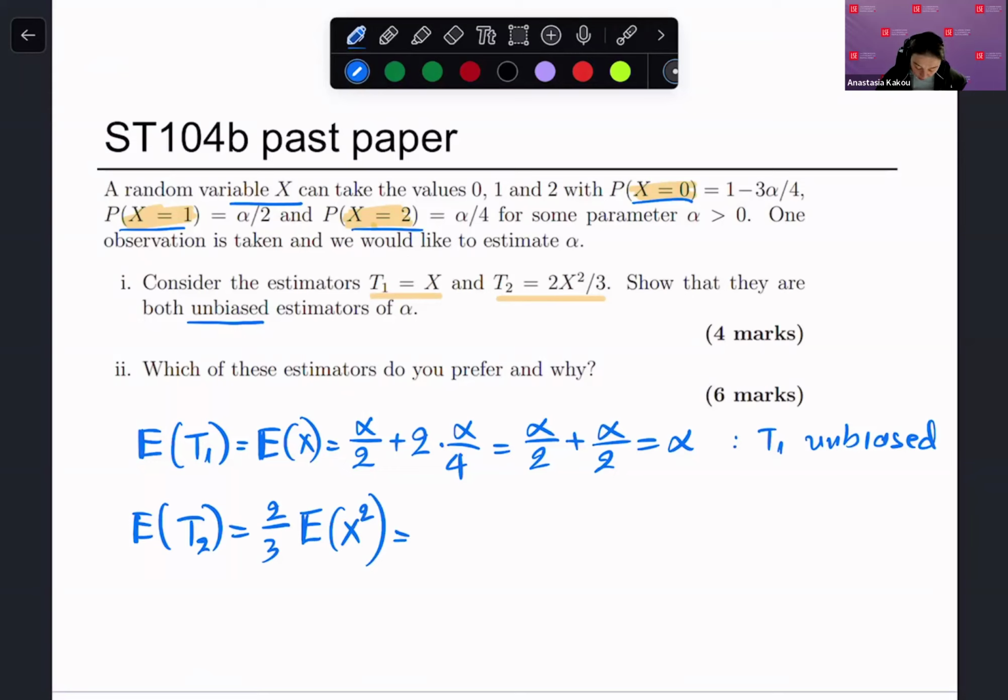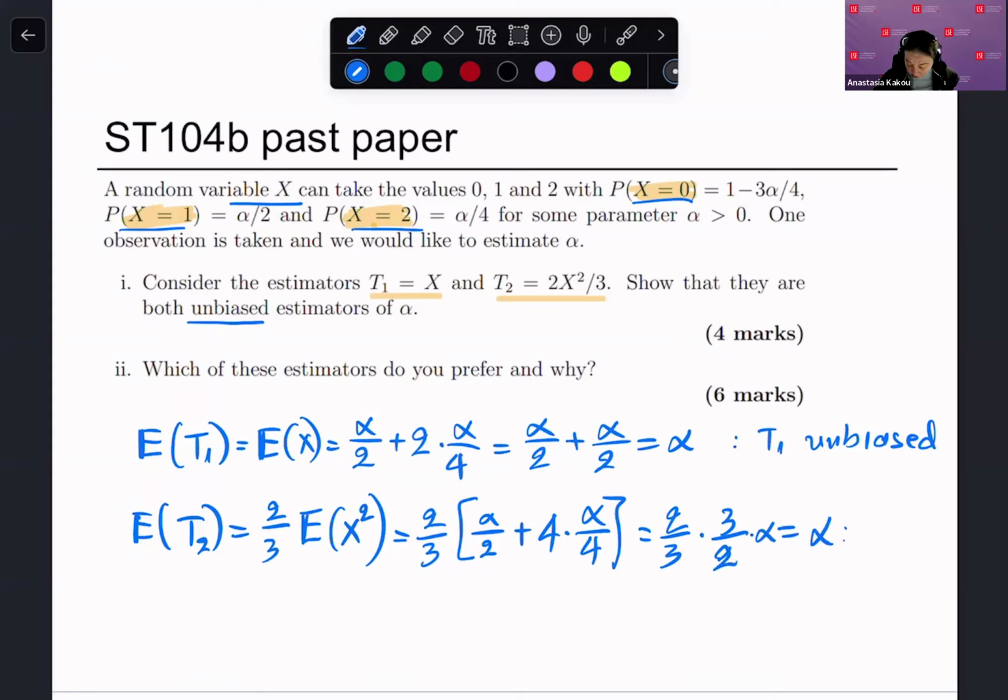Likewise, you would have 2/3 of 1 squared times the probability of 1, plus 2 squared, 4, times alpha over 4, and that gives you alpha plus alpha half, so 3/2 alpha, and then multiplied by 2/3 gives you alpha.